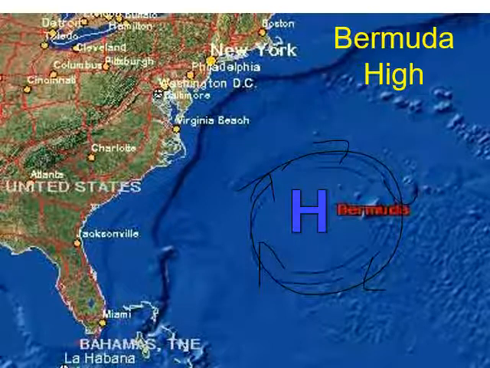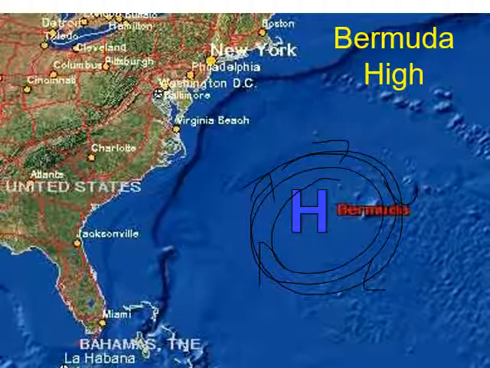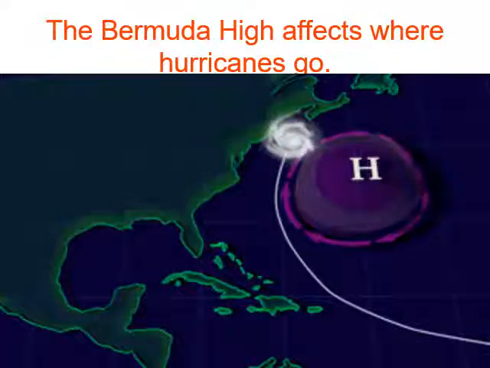And my hurricane might be floating along, coming this direction, and that high pressure can spin around and fling the hurricane that way. It can push it into the Gulf of Mexico, or it can push it north. Well, this is a good situation for us because hurricanes that go this direction move out over cold water, don't really hit land, and they just kind of die, don't really bother anybody, don't cause any damage or destruction.